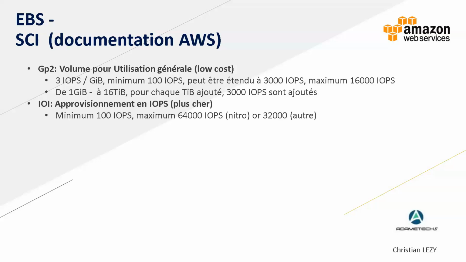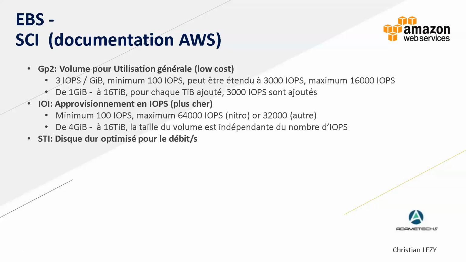With a maximum of 64,000 IOPS for the Nitro type instances that we will not see in this training, or 32,000 for all other instances, including Linux AMI or T3 micro or T2 micro that we have been using since the beginning of this training. The size of this disk can vary from 4 GB to 16 TB, and the size of the volume, as I explained to you, is independent of the number of IOPS.